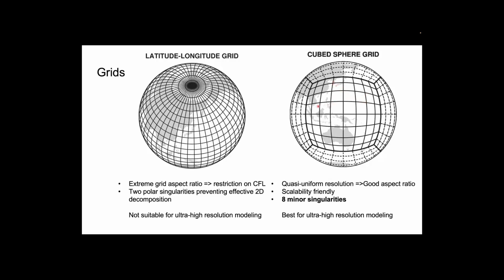It's very easy to scale on HPC systems as well, which is much better if you are interested in efficient ultra-high resolution modeling compared to a latitude-longitude grid. However, one disadvantage is that instead of 2 major singularities at the poles, we now have 8 minor singularities at the cube corners, and also singularities at the edges of the cube face, the lines between the corners.